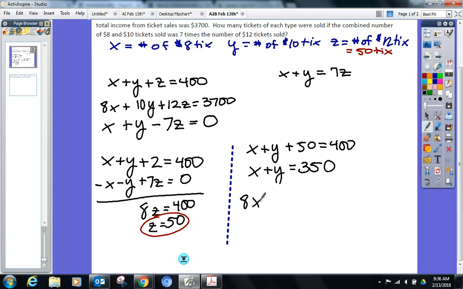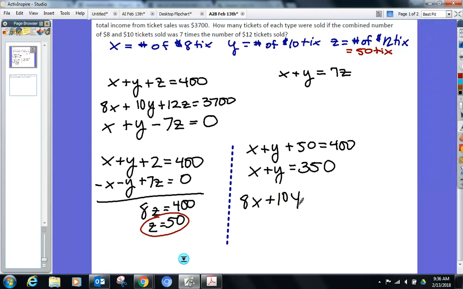8x plus 10y plus, you guys figure that one out, 12 times 50 there. That'll give me 600 equals 3,700.